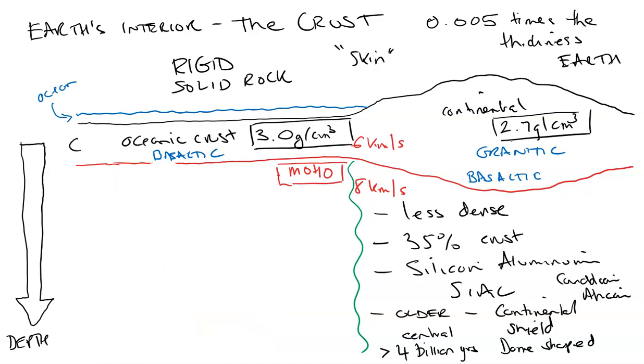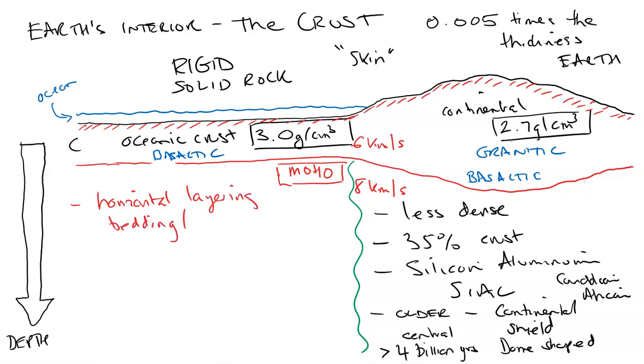All right. Another similarity is on the very top of the crust, let's say the top few hundred feet, maybe down to 1,000 feet, or even a few thousand meters. At the very top of the continents, you're going to have horizontal layering, or what's called bedding, or strata of sedimentary rocks.